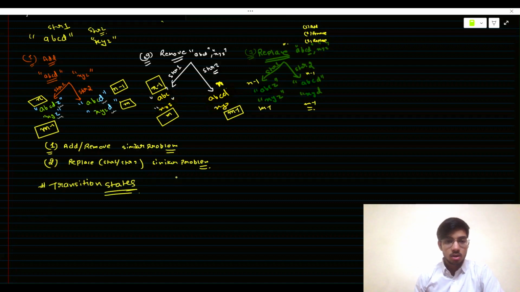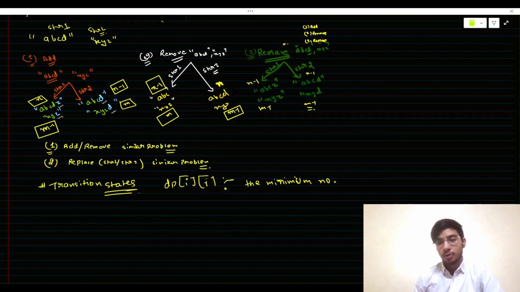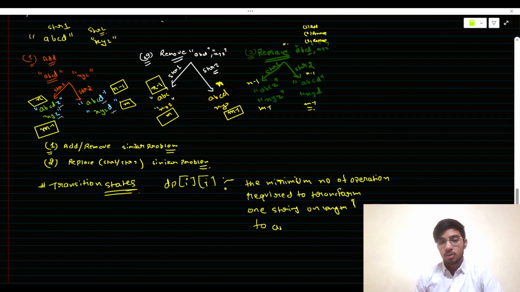I could write dp of i j represents the edit distance, or the minimum number of operations required to transform one string of length i to another of length j.